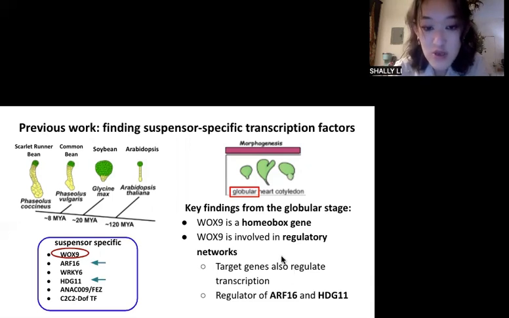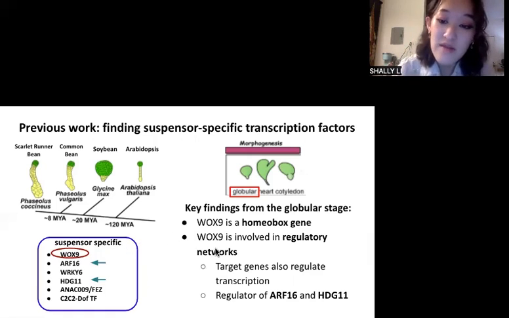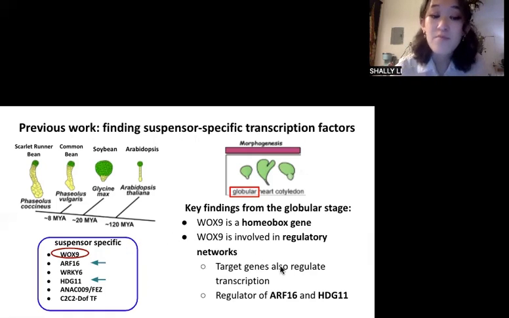And interestingly, 2 of these target genes are actually in the original set of 6 that we found in all 4 of these plants. So this tells us that WOX9 regulates other genes that also regulate genes and form this network of genes that interact with each other to control suspensor differentiation. And all of this work was done in the globular stage.